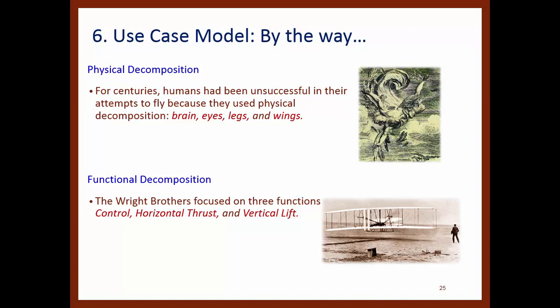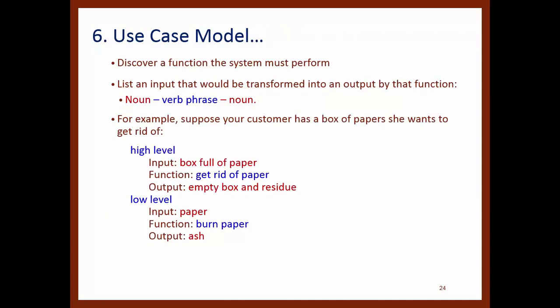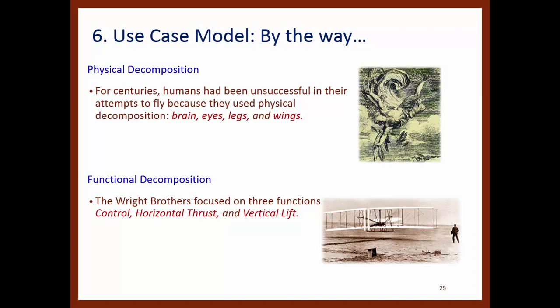So this is a slide that is used to show you the difference between what we call physical decomposition and functional decomposition. For a long period of time, people tried, unsuccessfully, to fly.